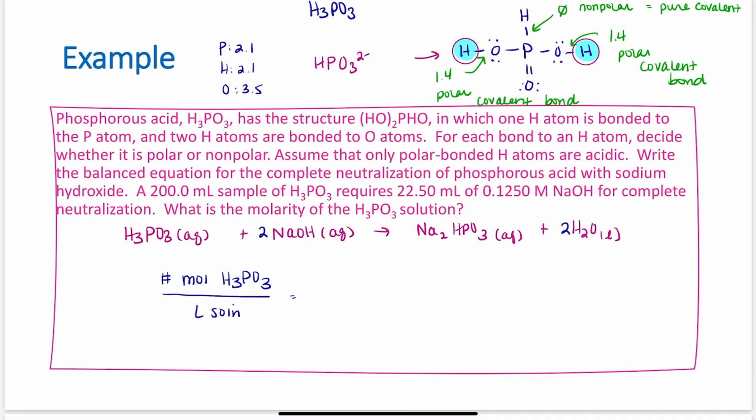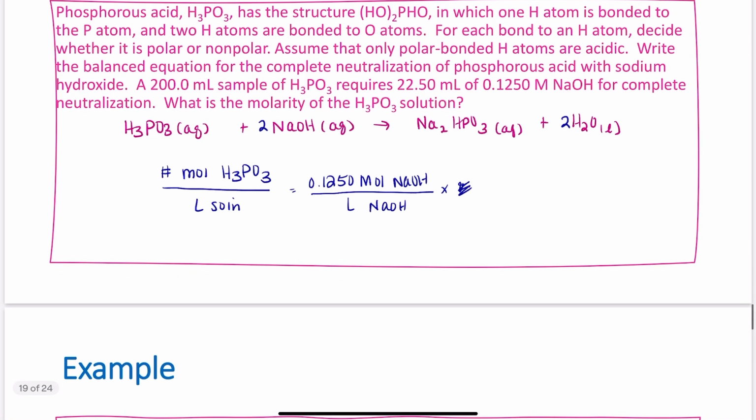We've got in here, it tells me that I'm using a 0.1250 molar sodium hydroxide solution, which is 0.1250 moles of NaOH per liter of NaOH solution. And I use 22.5 milliliters of it. So 0.0, I apologize, I really cannot write that well on my screen. 0.0225 liters of the NaOH solution.